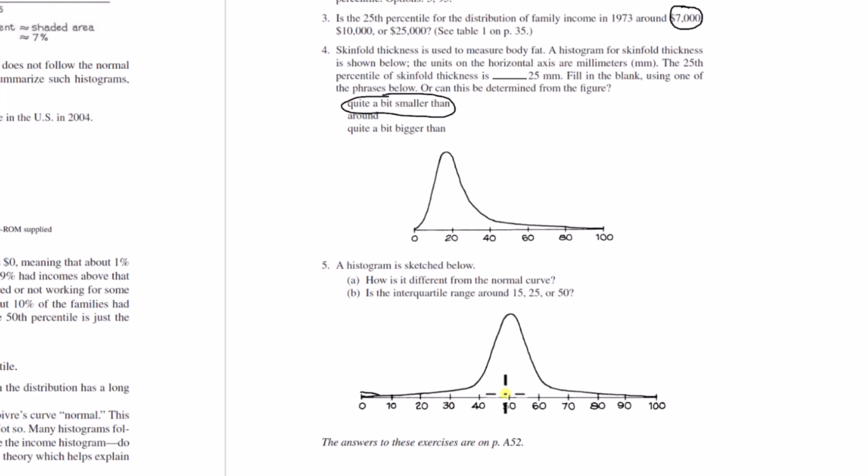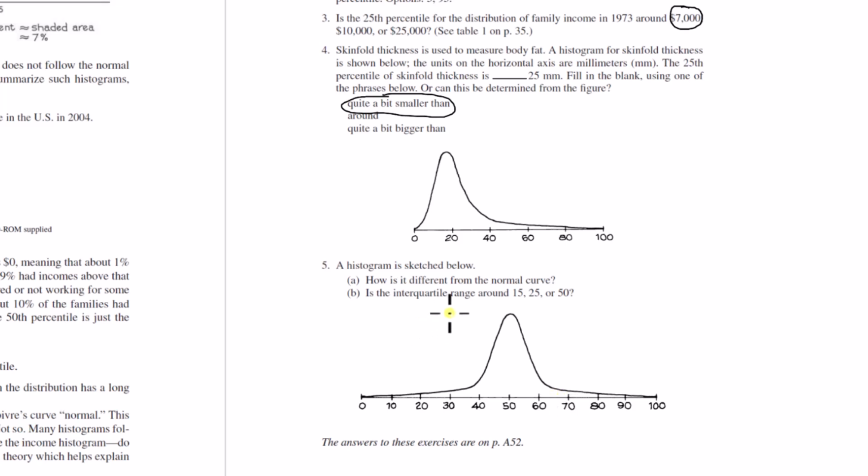It's not drawn in standard units, but you could convert this to standard units and it looks like a normal curve with a smaller standard deviation. And also the tails are bigger.